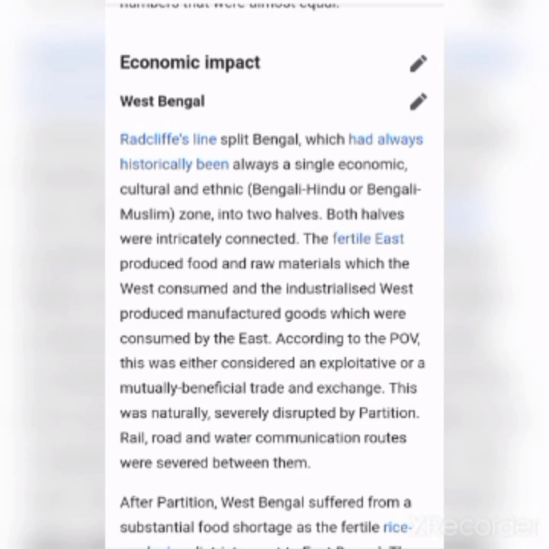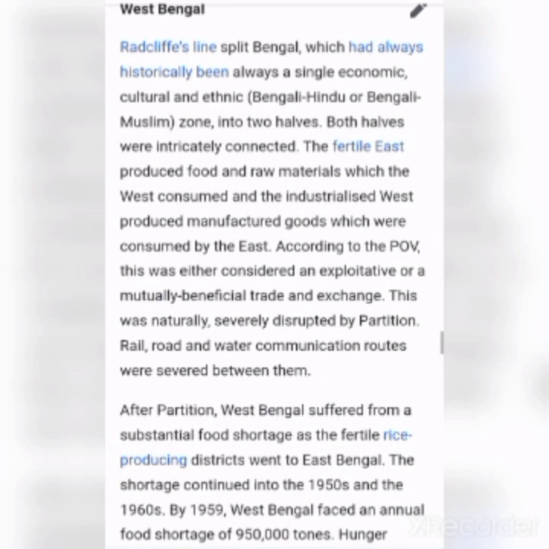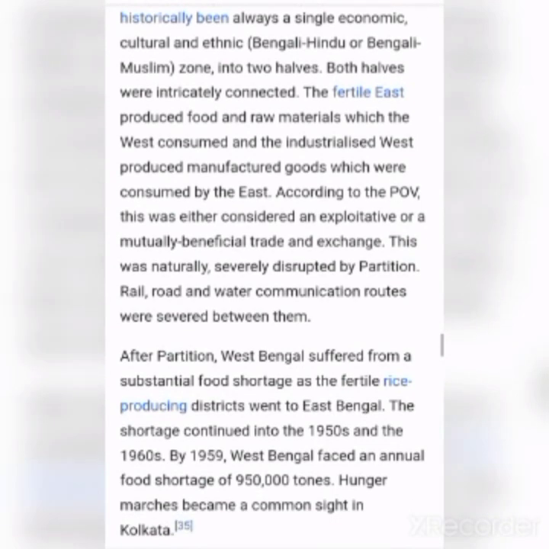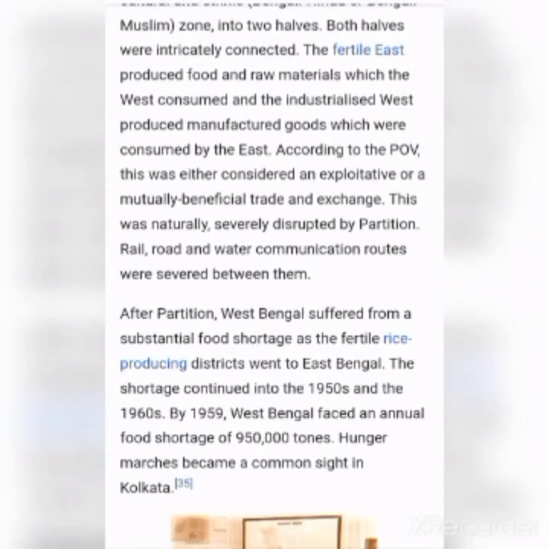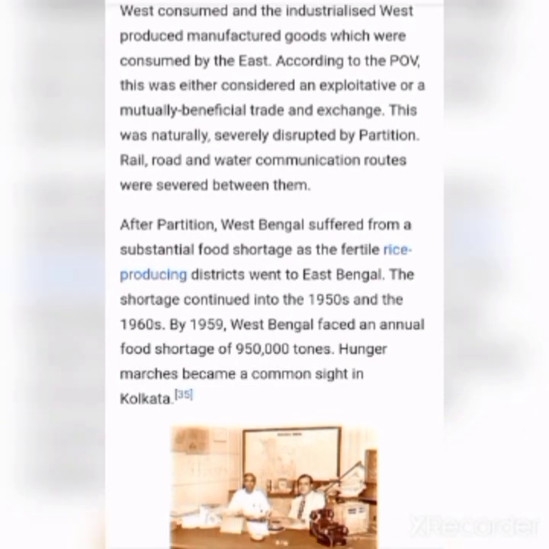Depending on the point of view, this was considered either an exploitative or a mutually beneficial trade and exchange. This was naturally severely disrupted by partition. Road and water communication routes were severed between them. After partition, West Bengal suffered from a substantial food shortage as the fertile rice-producing districts went to East Bengal.